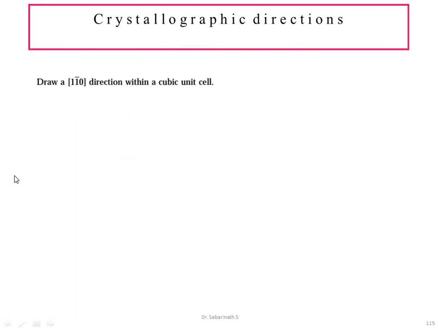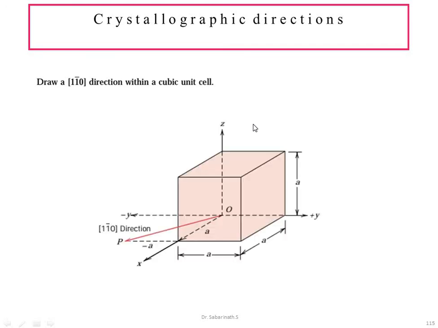Another thing, I recommend you pause the video for a moment and try to draw the direction 1 bar 1 0 within a cubic cell. This is how it looks. Here is our cube, the positive cube, but the y direction is negative, so we move to the other side.